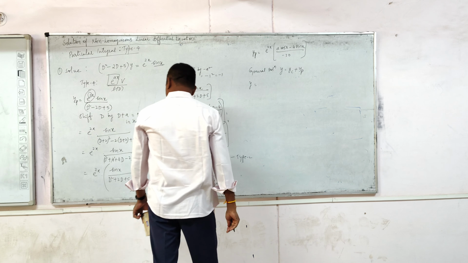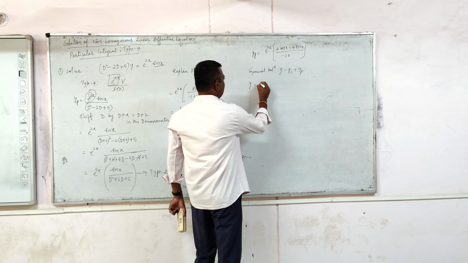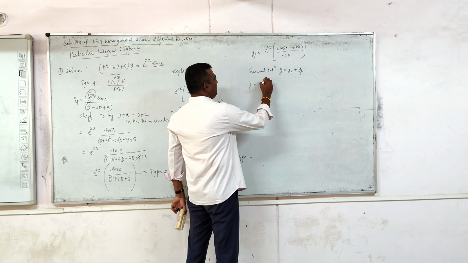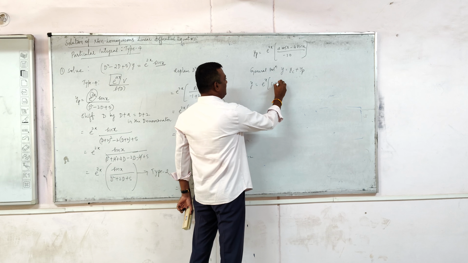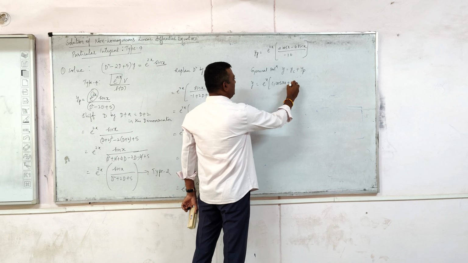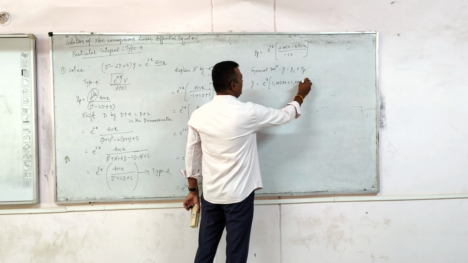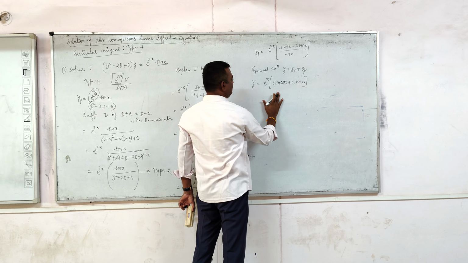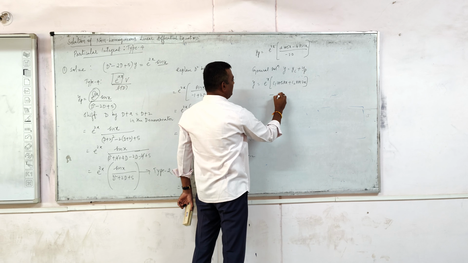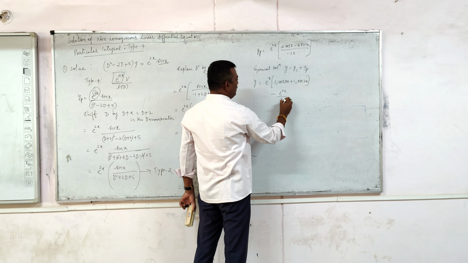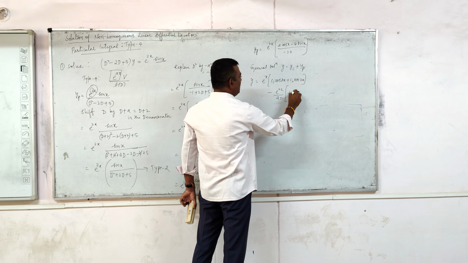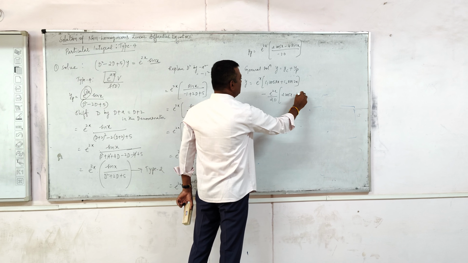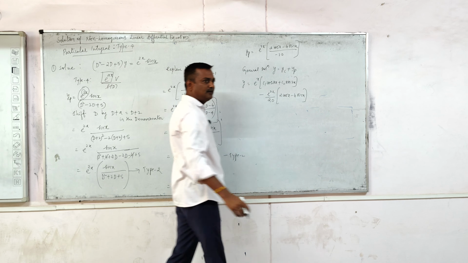What is yc? Previously we have written e raised to x into c1 cos 2x plus c2 sin 2x, plus yp. Take the minus sign outside: minus e raised to 2x divided by 20 into 2 cos x minus 4 sin x.